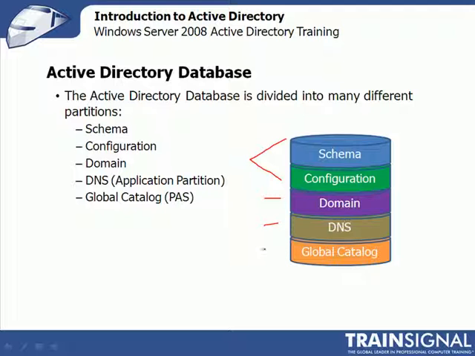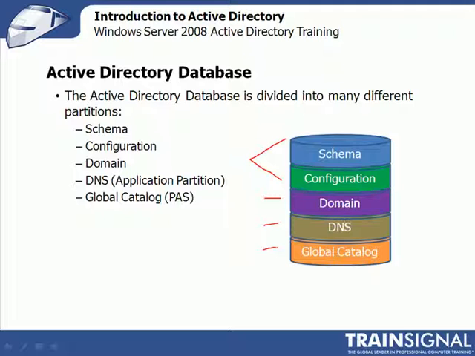Now, the last partition that I've listed here is the global catalog, or what's sometimes referred to as the partial attribute set. And the reason it's referred to as the partial attribute set is because, well, that's exactly what the global catalog is. Again, we'll talk about this in just a few minutes, but the global catalog is a subset of the attributes of every object within your Active Directory database.